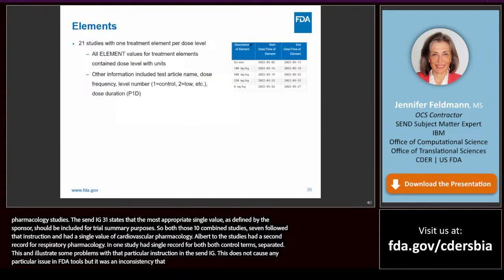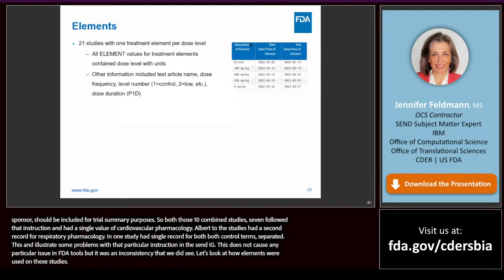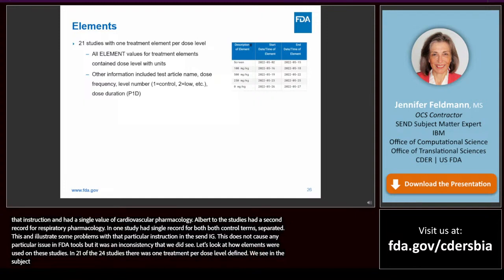Now let's look at how elements were used on these studies. In 21 of the 24 studies, there was 1 treatment element per dose level defined. And you can see in the subject element, the SE example over to the right, the element variable included the dose level and the units.